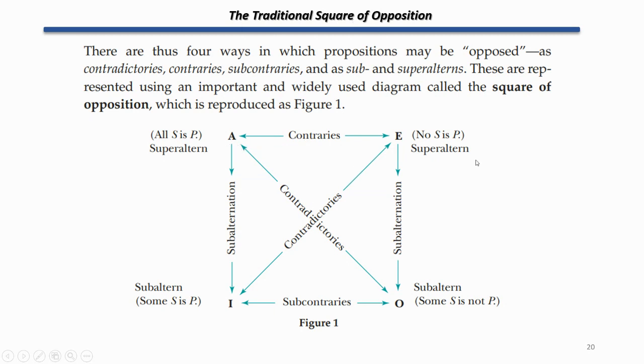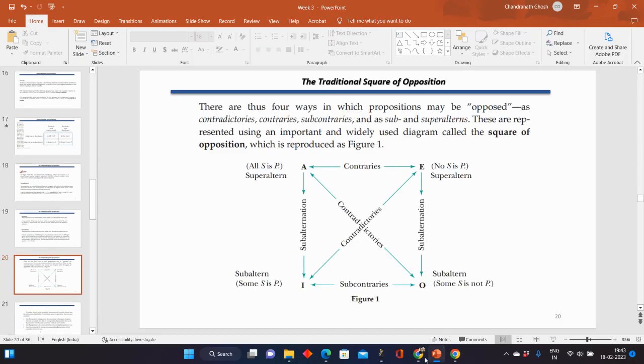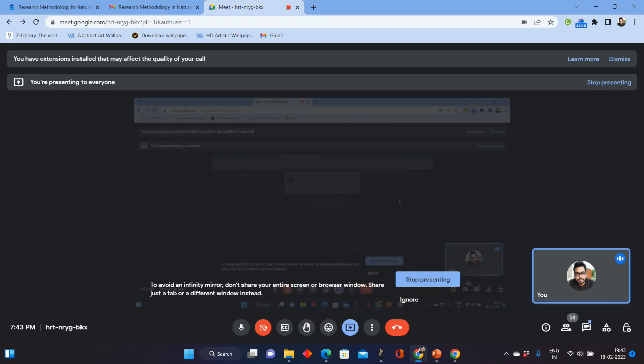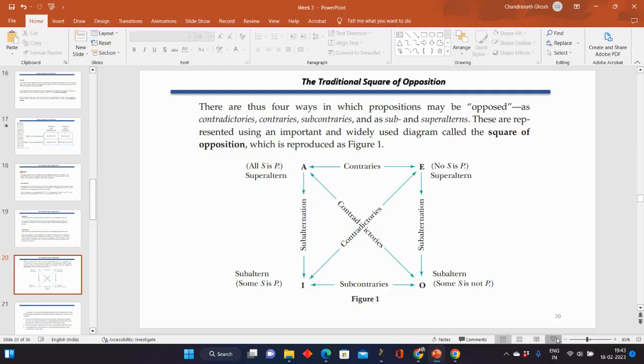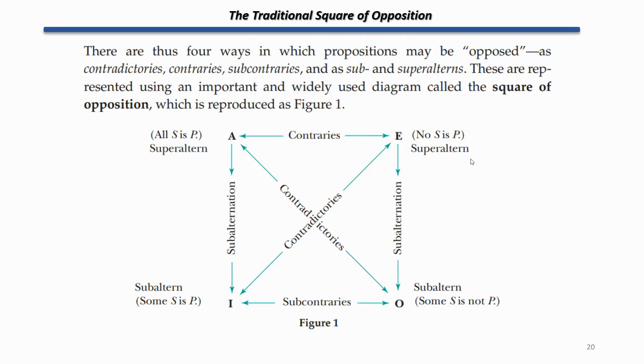The four corners are held by these four propositions: A, E, I, and O. Here A is all S is P. Then again some terms come up, like superaltern and subaltern. Did I include all this? No, I think I didn't include it because you don't need to know. I just included this image to show how these propositions are related through this diagram.